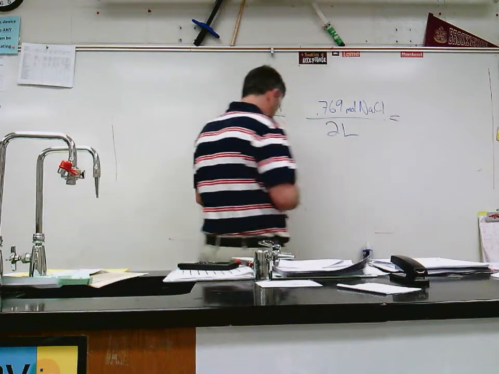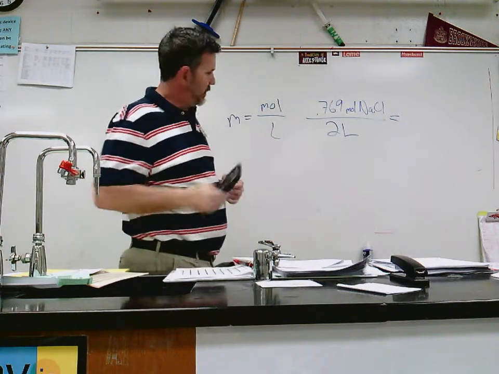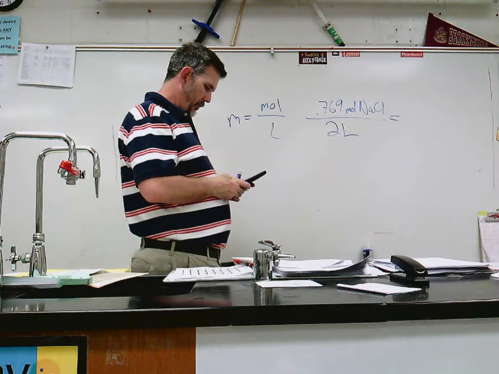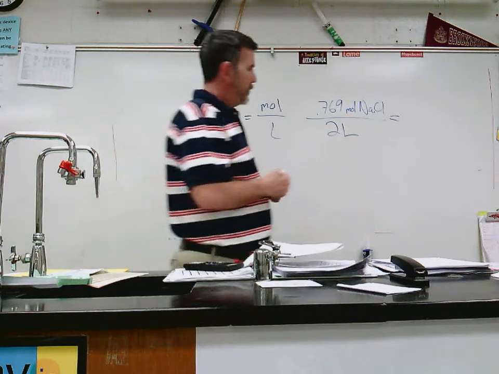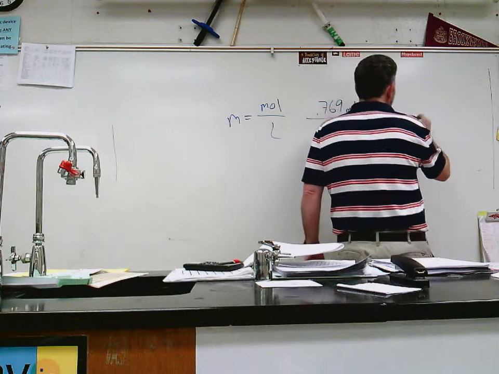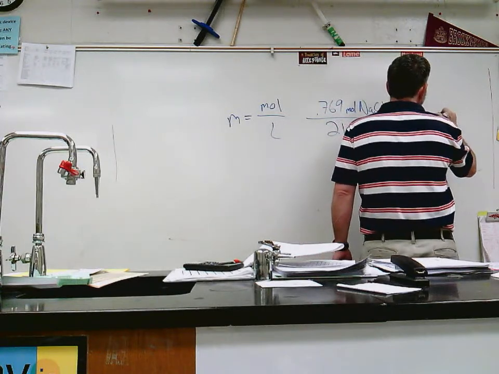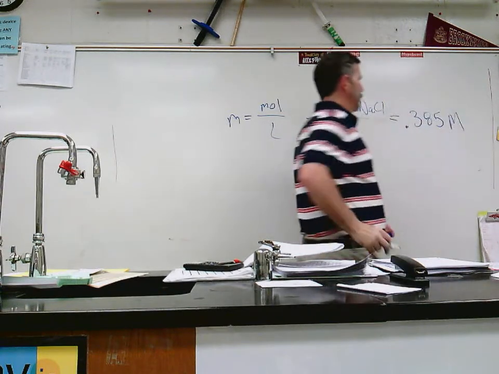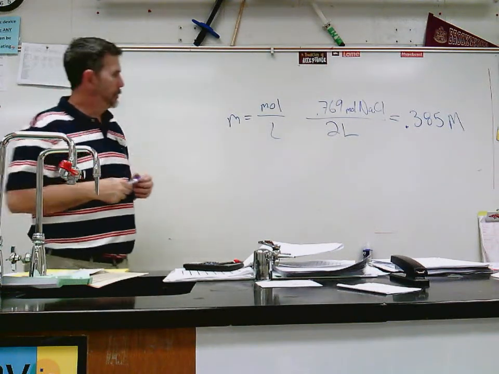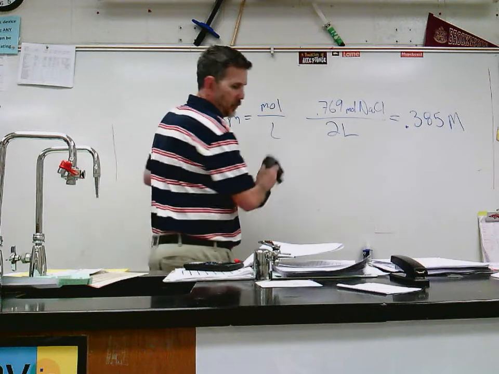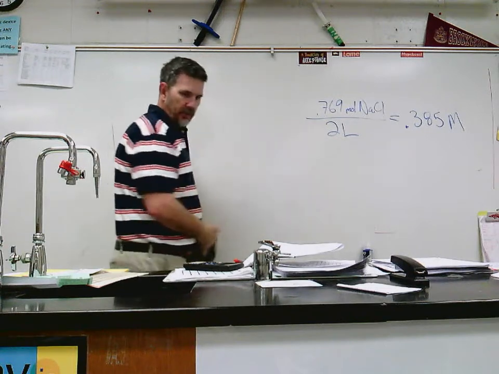So 0.769 divided by 2 equals 0.385 molar. A 0.385 molar solution of NaCl. Okay? Seems pretty easy.